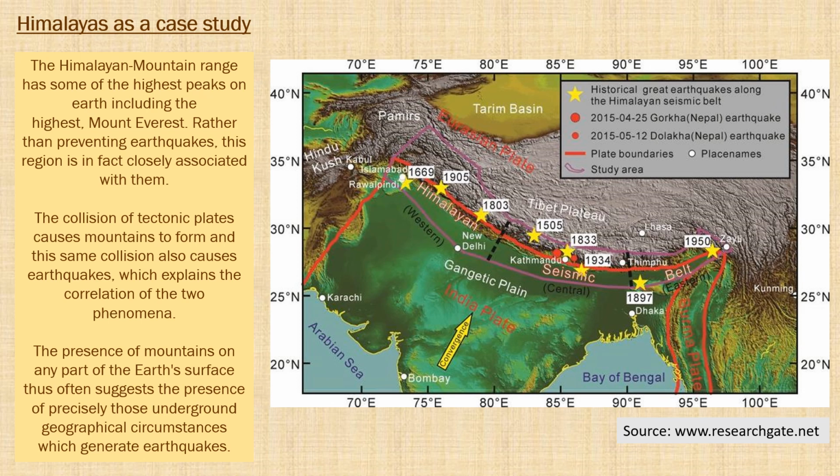The collision of tectonic plates causes mountains to form, and this same collision also causes earthquakes, which explains the correlation of the two phenomena. The presence of mountains on any part of the Earth's surface thus often suggests the presence of precisely those underground geographical circumstances which generate earthquakes.